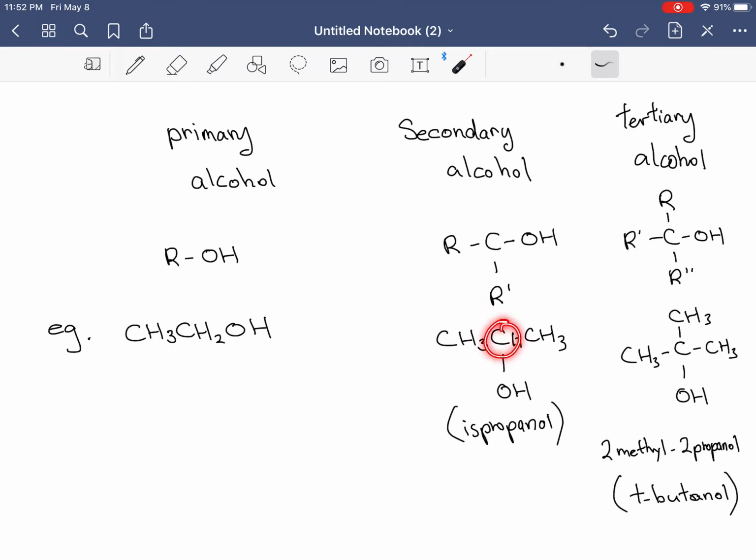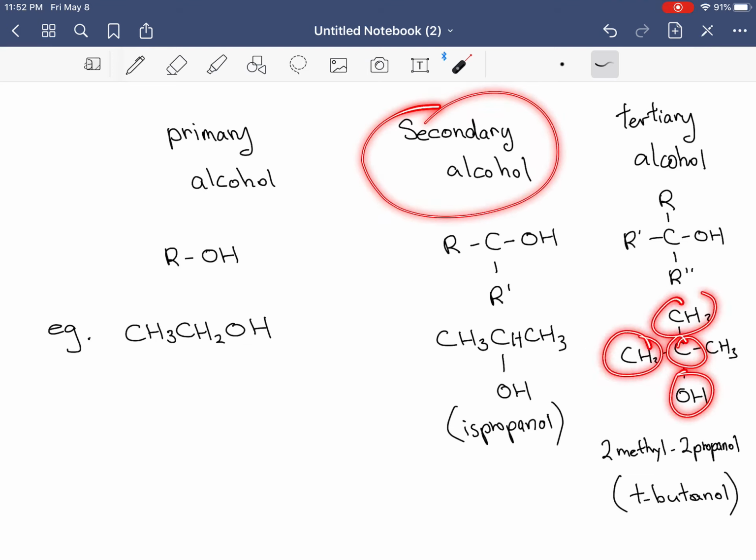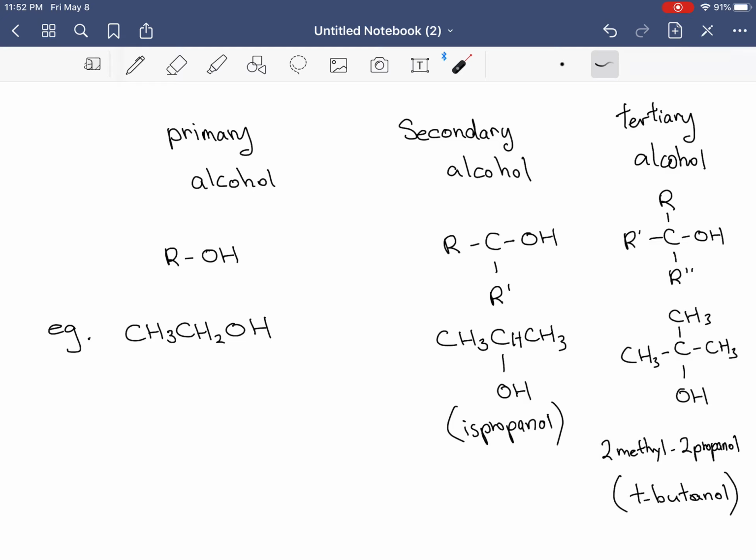It's based on the carbon that is connected to the alcohol and how many other carbons it is connected to. So this carbon connected to the alcohol is connected to 1 other carbon: primary. This carbon is connected to 2 other carbons: secondary. This one, 3 other carbons: tertiary. That's how you determine this.